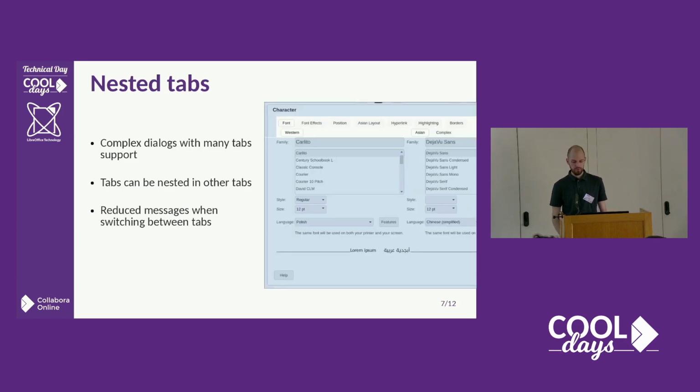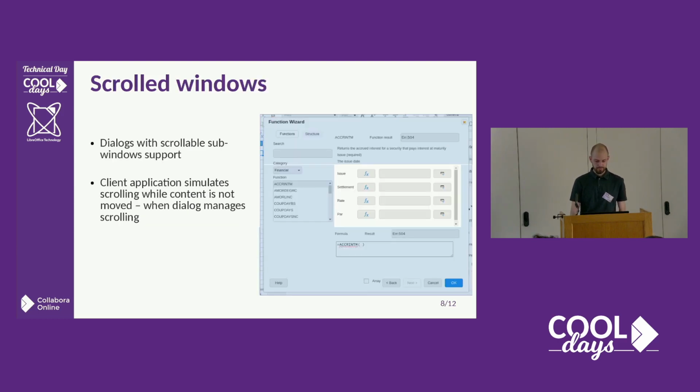We added support for complex dialogs with nested tabs. So there are tabs inside other tabs. Now we also send smaller messages, so it should be faster, because we don't send large JSON on every tab switch.